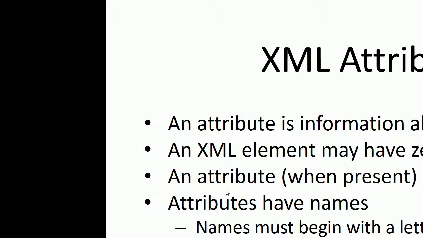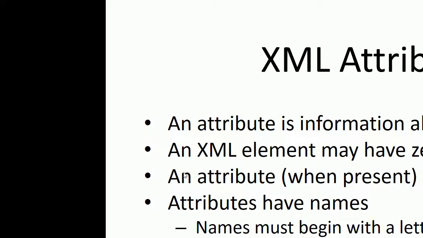An attribute is information about its host element. An XML element may have 0 or more attributes. An attribute, when present, is part of the start tag. Attributes have names, and the rules around the naming conventions are here at this URL. An attribute has a name followed by an equals sign followed by either what we call a double quote or a single quote.